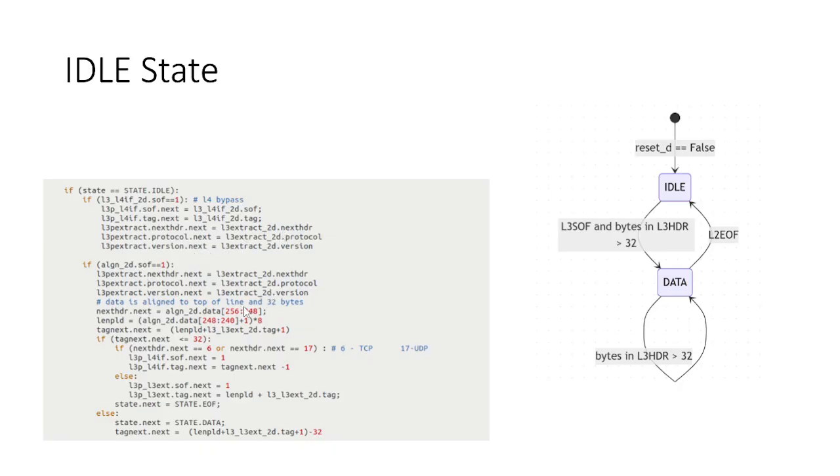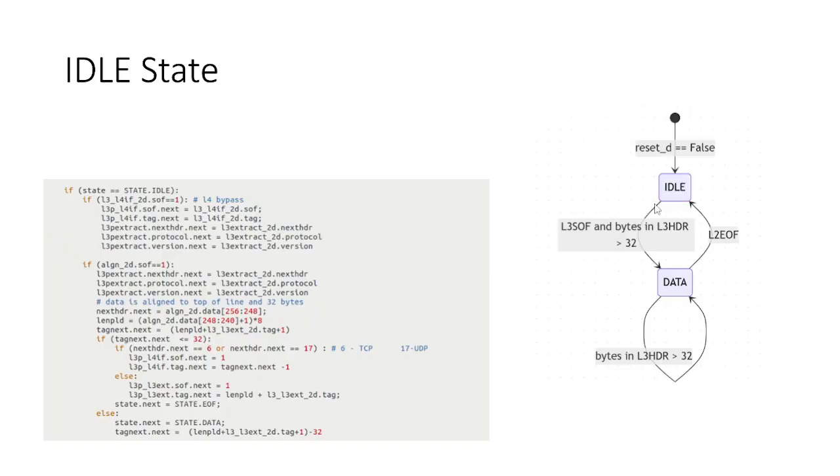Then we extract from the data the next header and the length. Those are the two critical things. Once we have extracted those two, everything else falls in place, because now we just make a counter. This tag next is actually a counter based on this length. Once we have this counter, we just keep counting like the state machine shows.